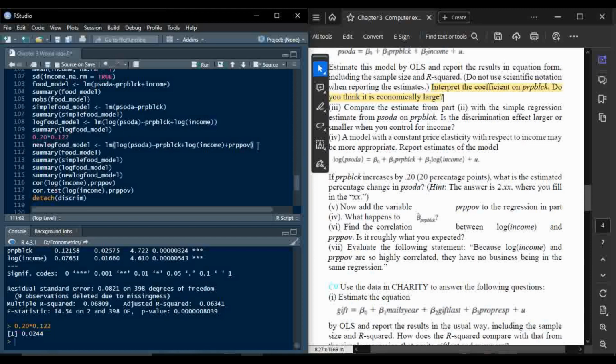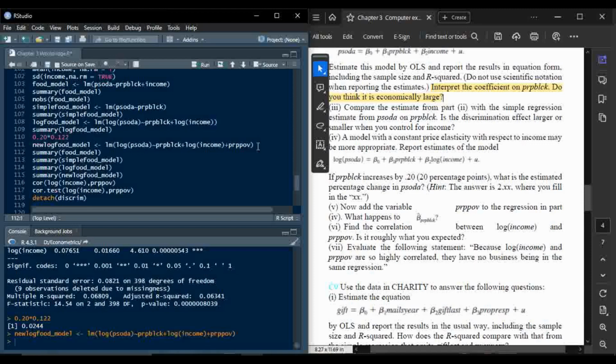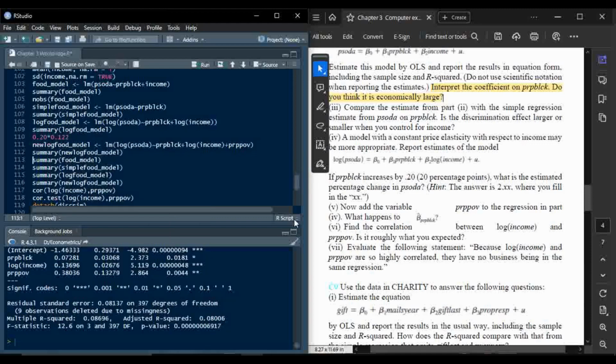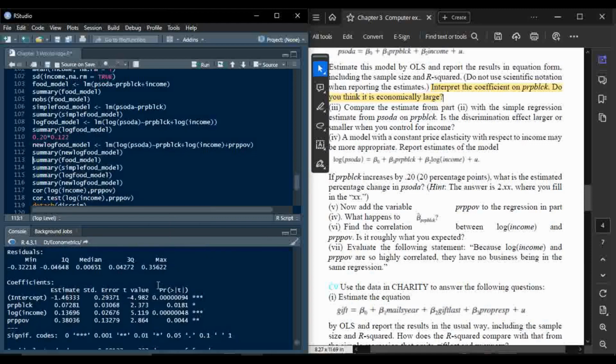Now estimate this model by pressing Ctrl plus Enter, and then summarize this model. By adding this variable PRP POV, the coefficient on proportion of black falls to about 0.073.